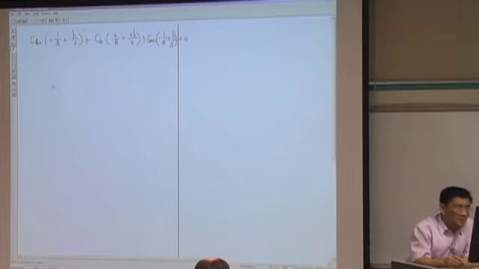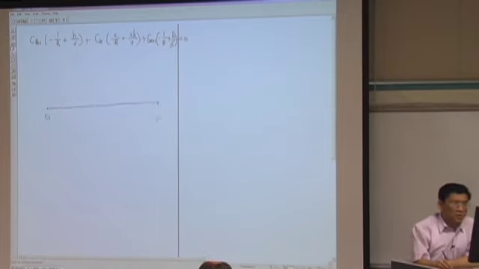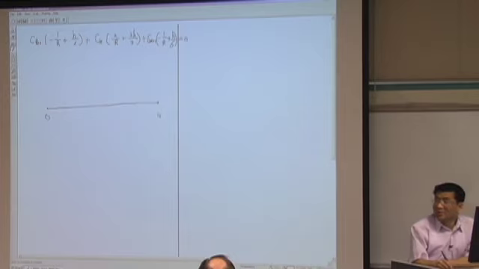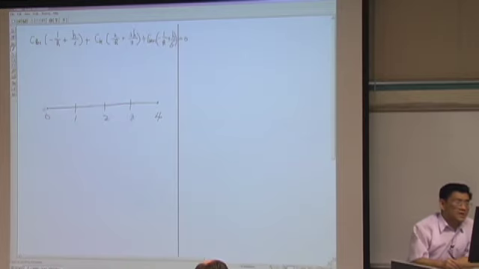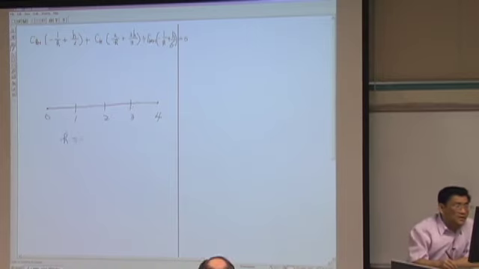So let's return back to our problem. Our problem had a line from 0 to 4, with points 1, 2, 3 here, and then we have the functions around here. Then h is 1, right? So I re-simplify this thing.